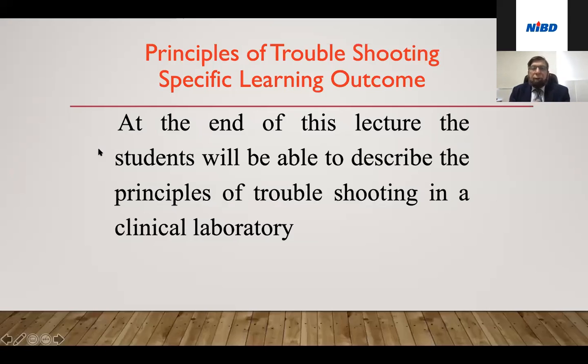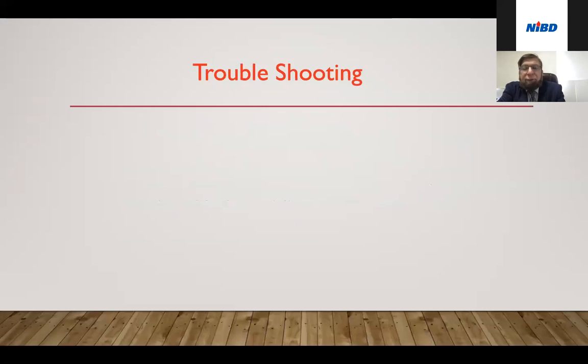So, principles of troubleshooting, specific learning outcome. At the end of this lecture, the students will be able to describe the principles of troubleshooting in a clinical laboratory. So, what is troubleshooting? Before showing you the slide, I will try to narrate it in simple words.